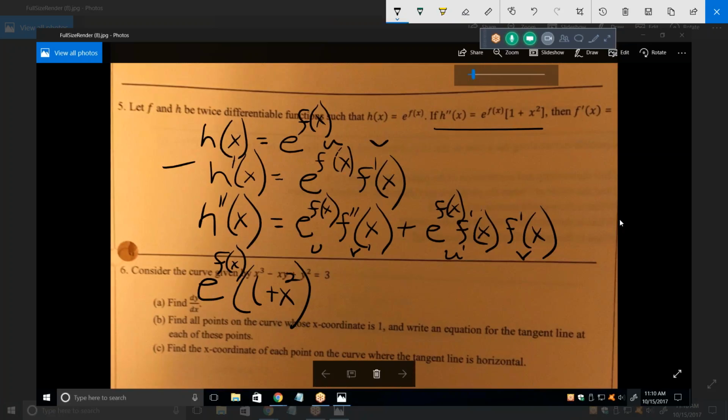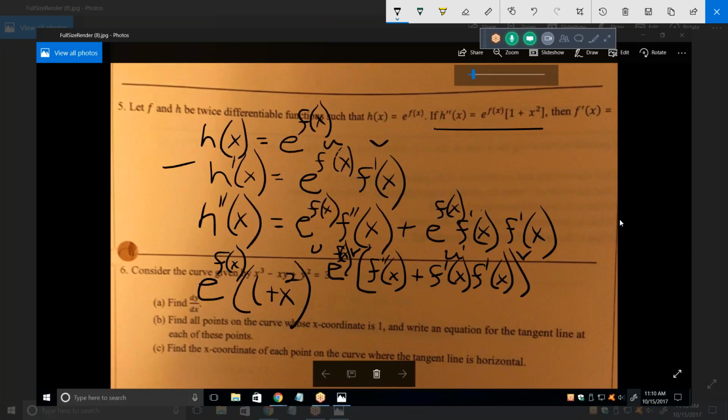In other words, that is e to the f of x times f double prime of x plus f prime of x times f prime of x. So that's what I get when I factor out an e to the f of x.